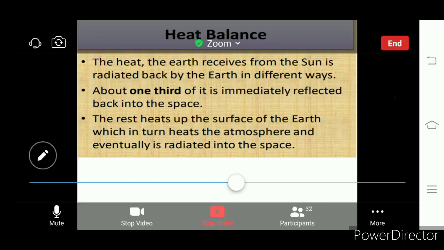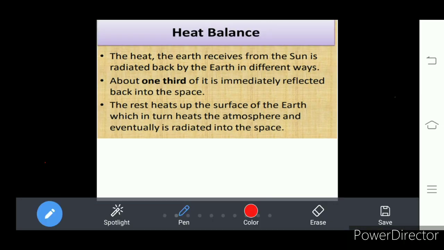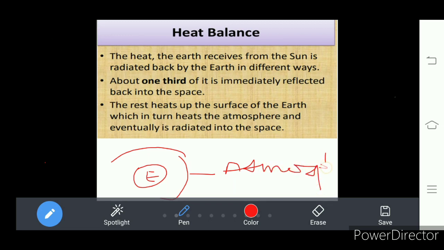Okay, let me show you that in the form of a diagram. Look here, students. This is our earth, what I have shown here, understand? And this is the atmosphere surrounding the earth's surface. Then here is the sun.